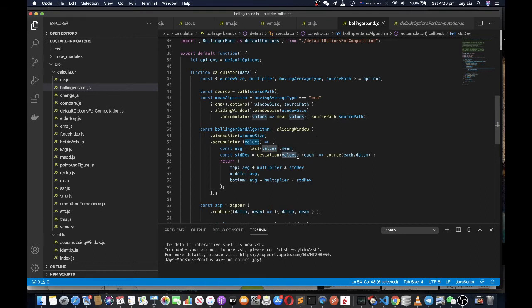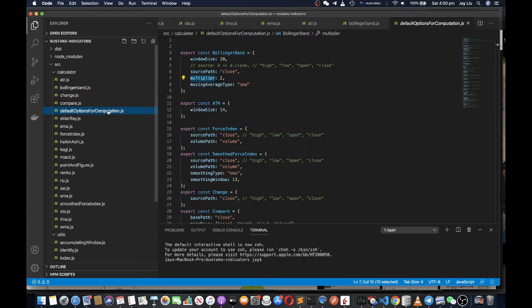So in this case, it's 20 days of price. Let's go back and see what price it uses. It uses the close price of the stock. It uses simple SMA and gets the average value.